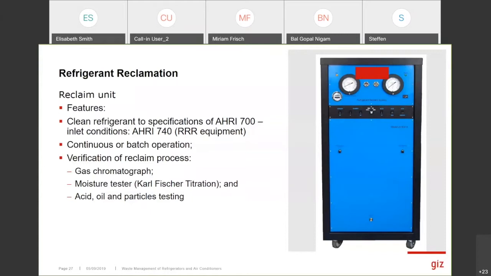This machine, for example, can continuously operate for batches or for small amounts of refrigerants.